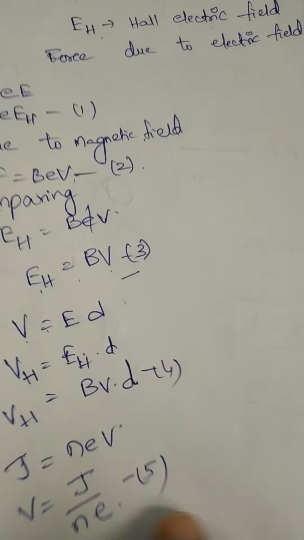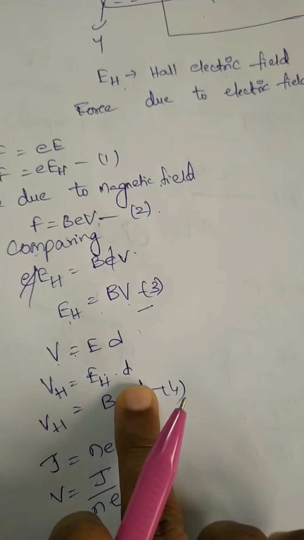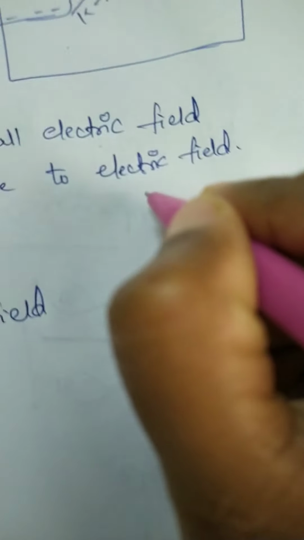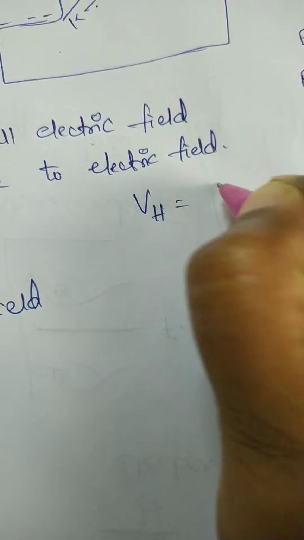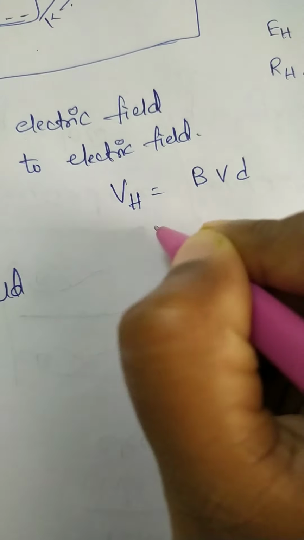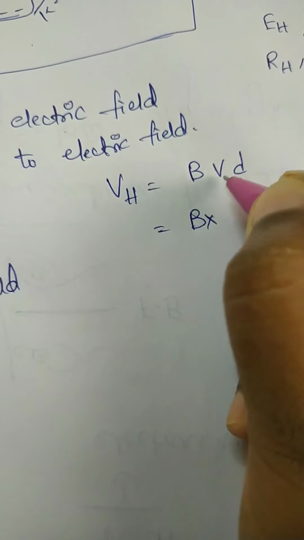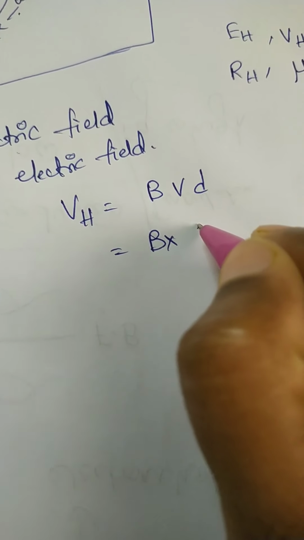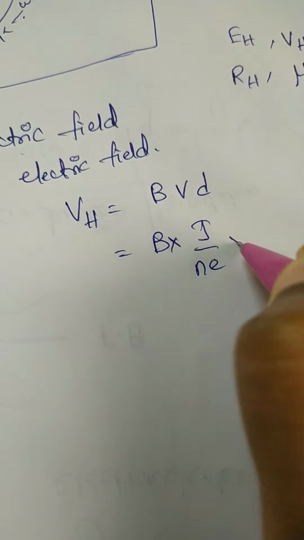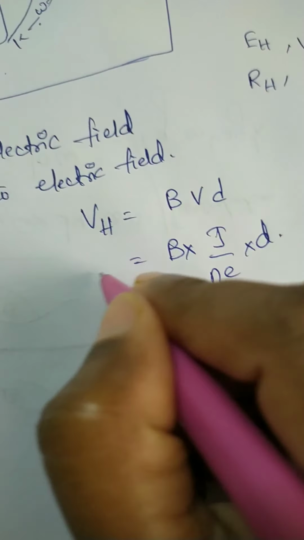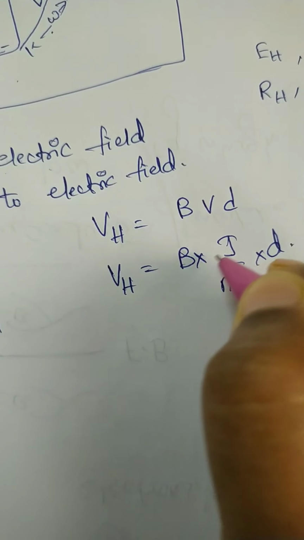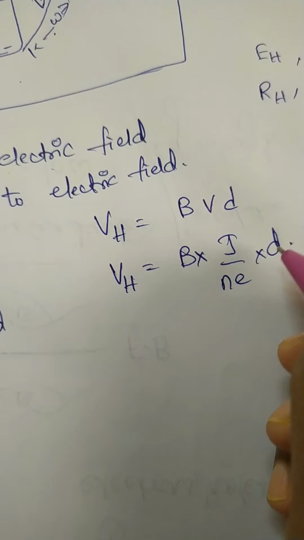Now substituting equation 5 in equation 4, we get VH equals BVd, that is B into the V value, J by ne, into d. So VH equals B into J by ne into d.